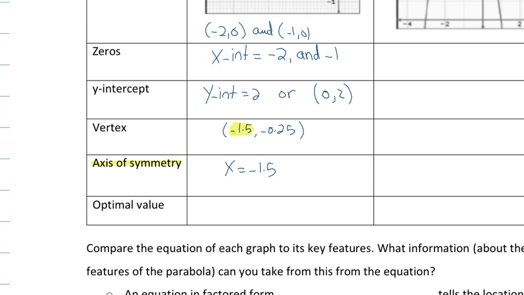Are you okay with this? Okay, how about the optimal value? Y equals negative 0.25, and that is the y value of the vertex.